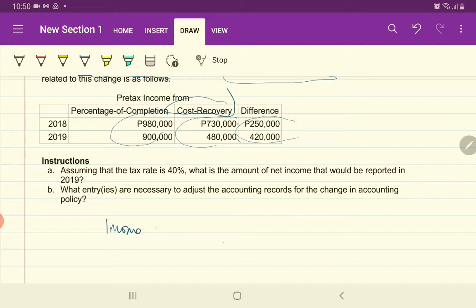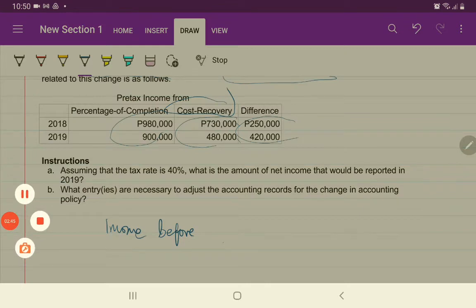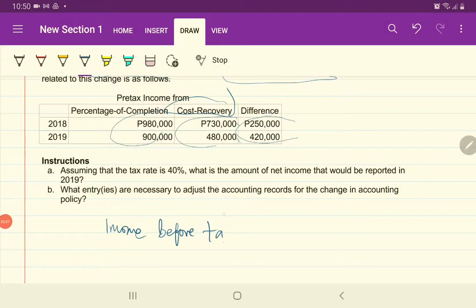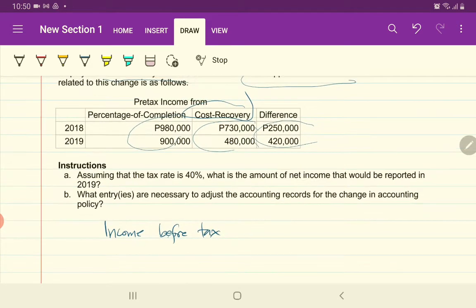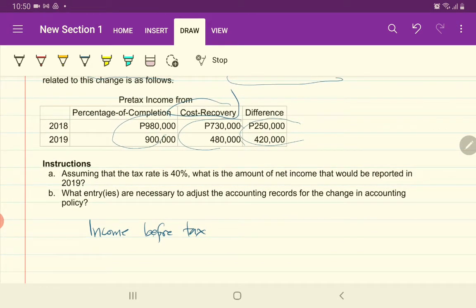Income before tax. Okay, wait lang gyapon. Pasensya na kayo. Income before tax. Ayan. So, pila man atong income before tax. Under the percentage of completion, our income before tax for 2019 is 900,000.